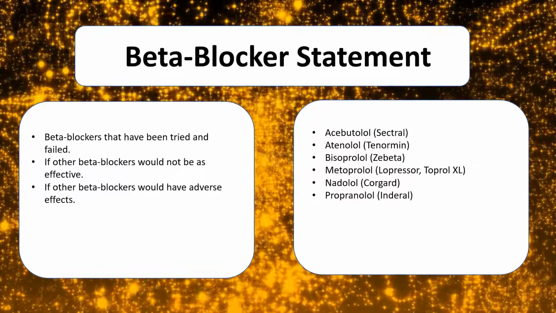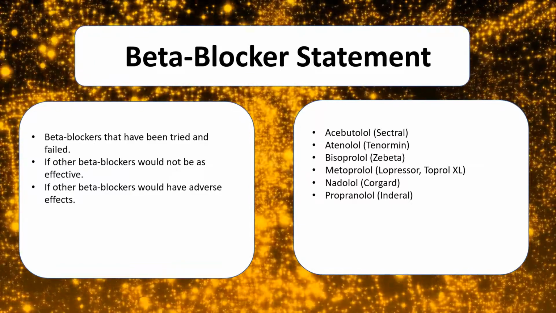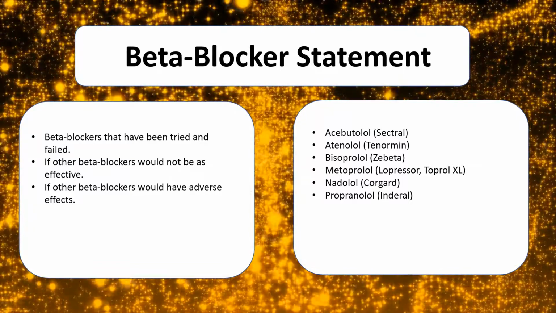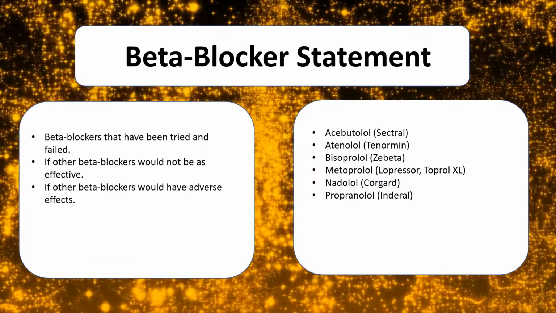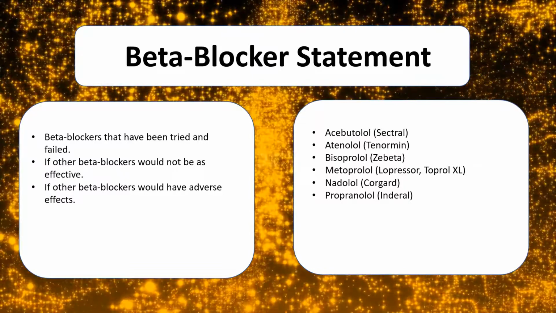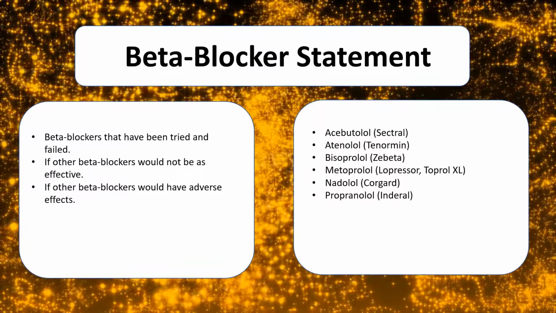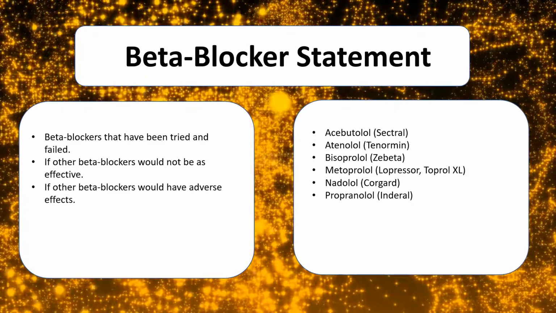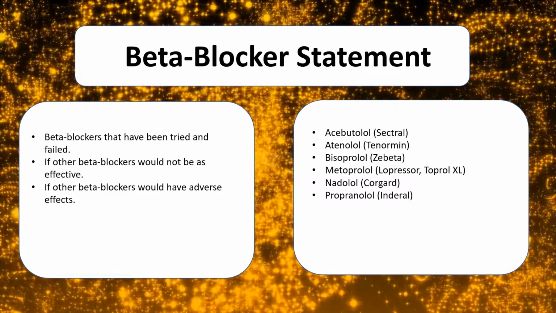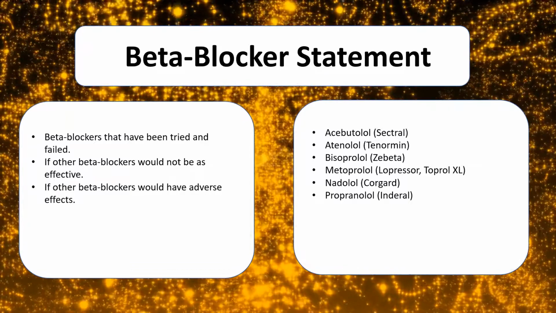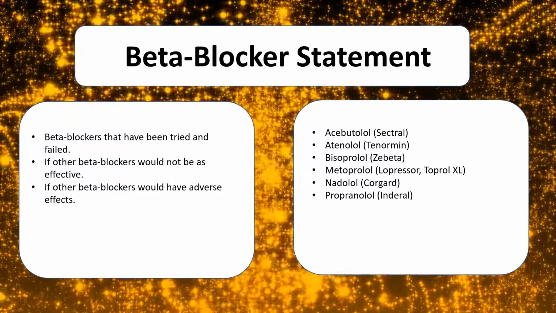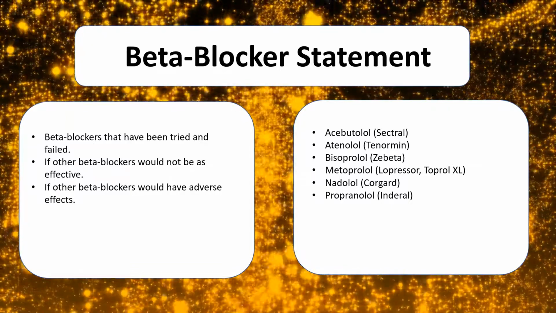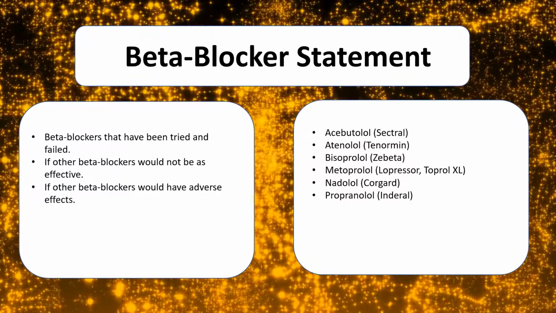Bystolic is a beta blocker that has many unique properties in comparison to the older beta blockers. The clinical relevance of it is not necessarily well known. So if there's a specific reason why the patient either would have a better result or would have fewer adverse effects with Bystolic as compared to other beta blockers, you'll want to include that.